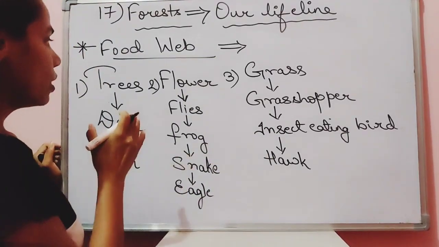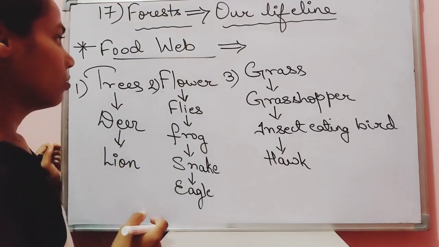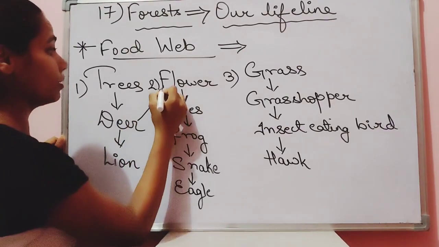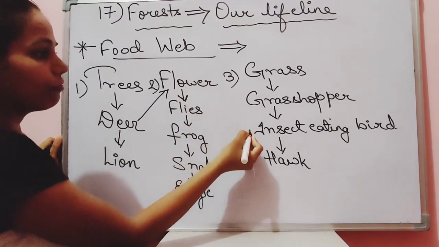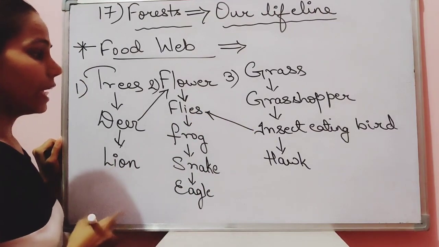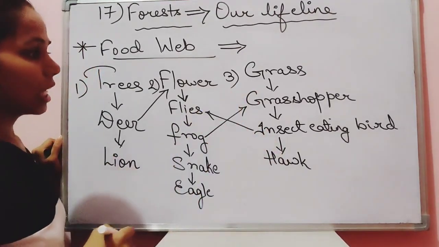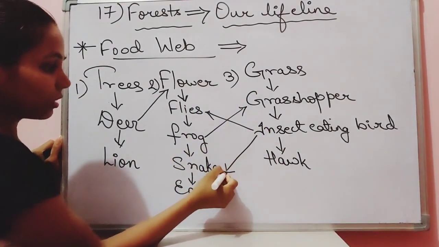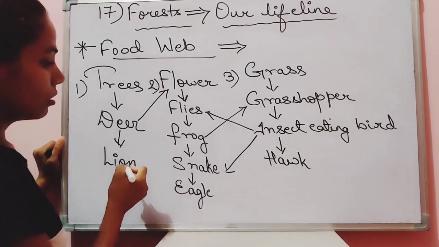Okay. Children, now under these three food chains, you will observe that deer are also eating the flowers. Then flies are also eaten by the insect eating birds. Then grasshopper is also eaten by the frogs. Insect eating bird also eats the snake. Then we are having lion.